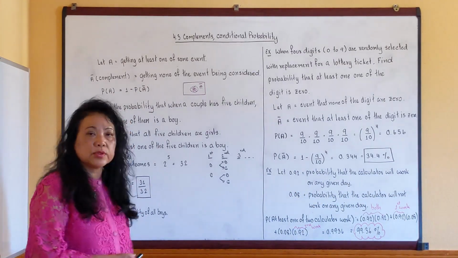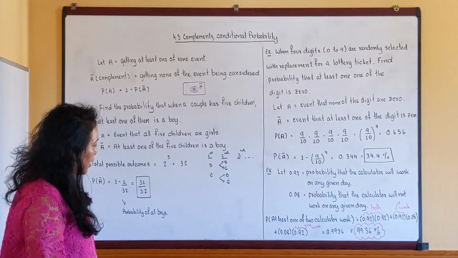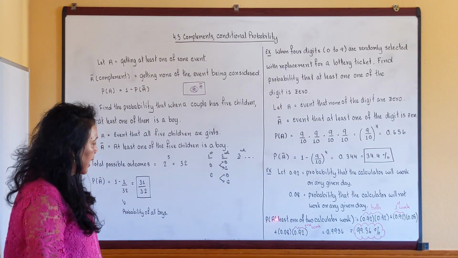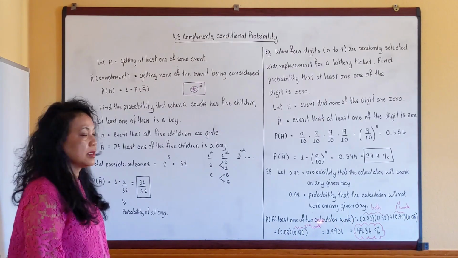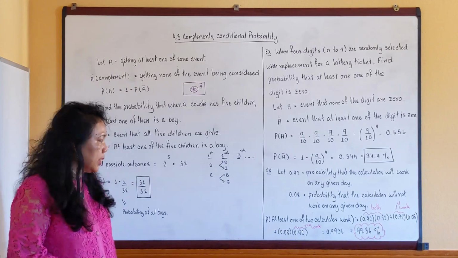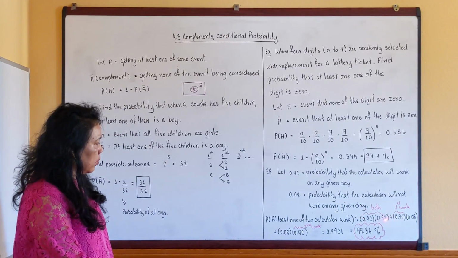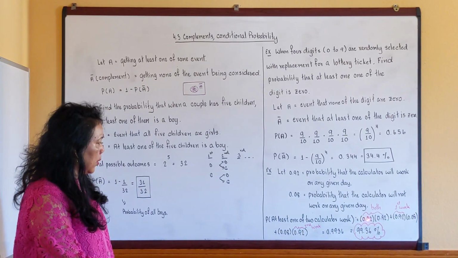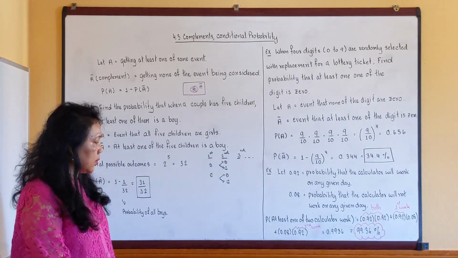Now if you have 2 calculators, you want to find the probability that at least one of the 2 calculators works. At least one means one can work or 2 can work. If both of them work, it's going to be 0.92 times 0.92. That's one possibility.